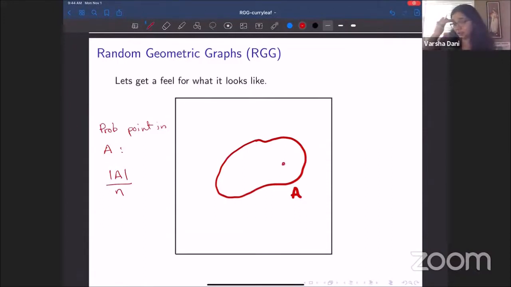Okay, so if I'm going to put n points, how many do I expect to go in there? Well, for each point, it could go in with this probability and stay out with the probability 1 minus that. And so the number of points that go in that set follows a binomial distribution.